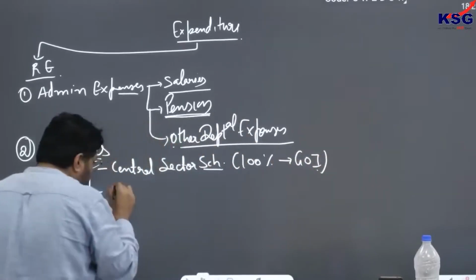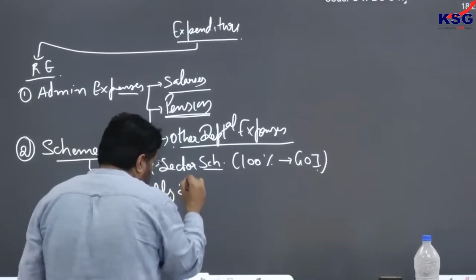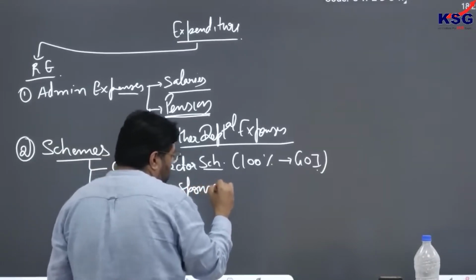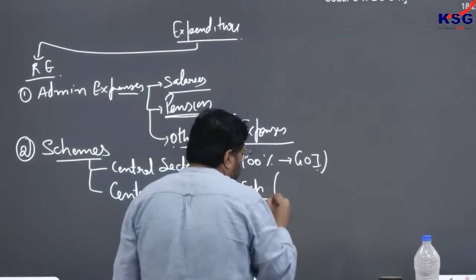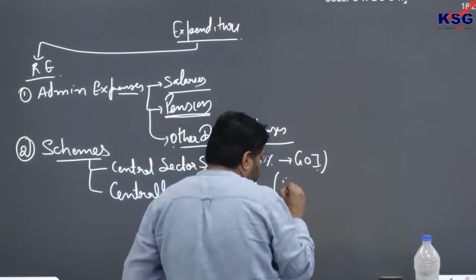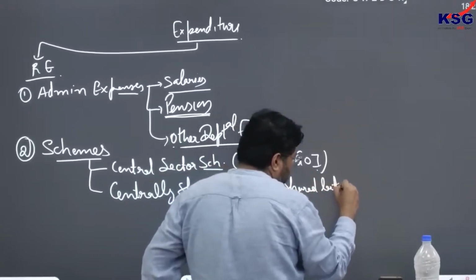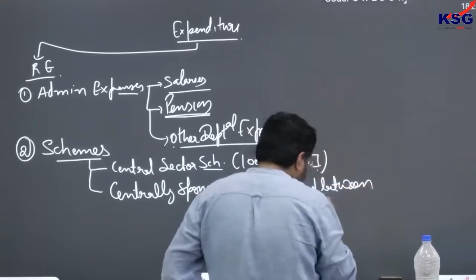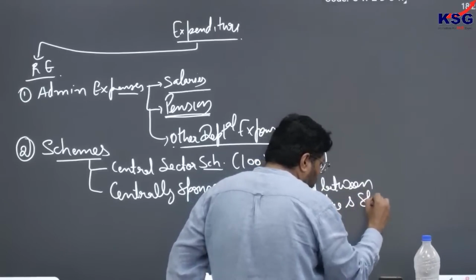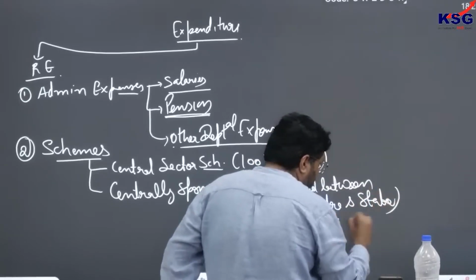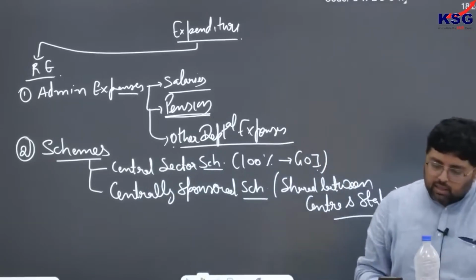And number two is centrally sponsored schemes, where money is shared between center and state.